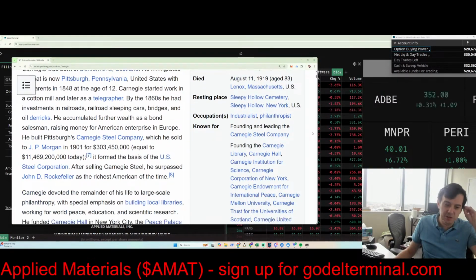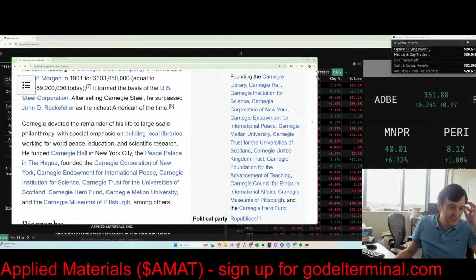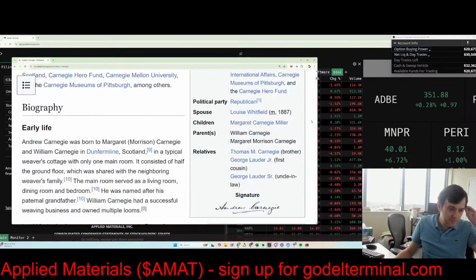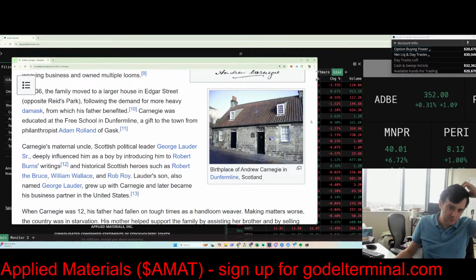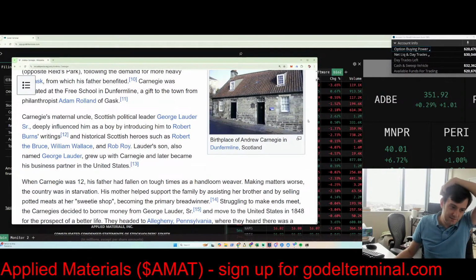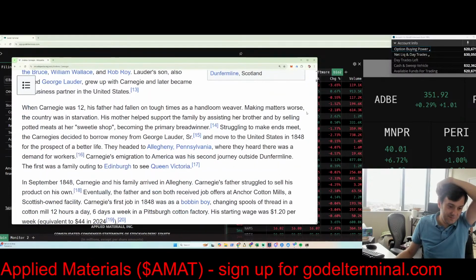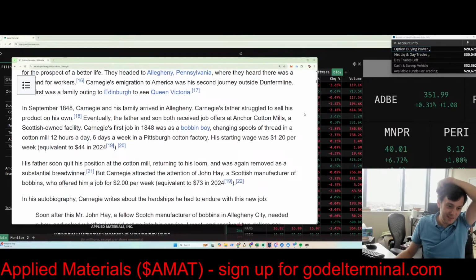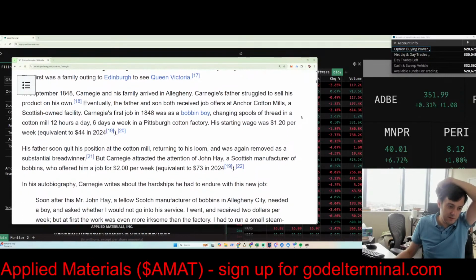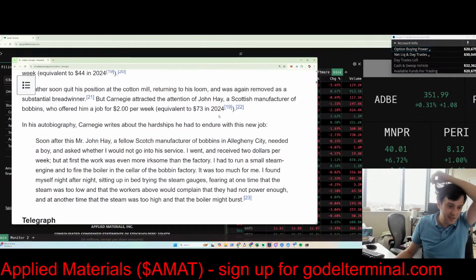Carnegie Steel. Grew up poor as hell. Came to America and went absolutely ham. He's got a little autobiography. I'd take a read.